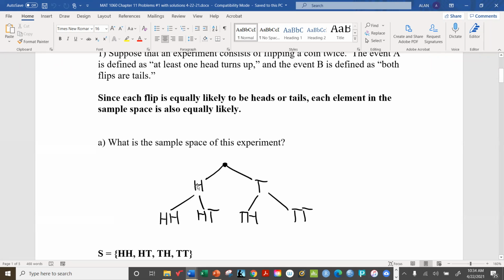Initially, we flip the coin the first time, and we get either a head or a tail. And then once we've got our head, that means the next flip can either be another head or a tail. And then on the right-hand side, if we flip the tail first, the next coin can either be a head or a tail. So altogether, there's four possibilities: HH, HT, TH, and TT.